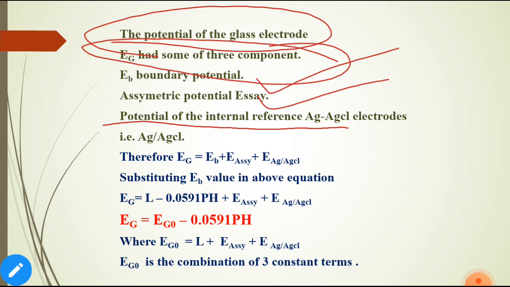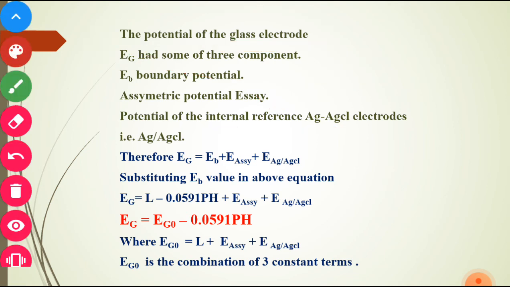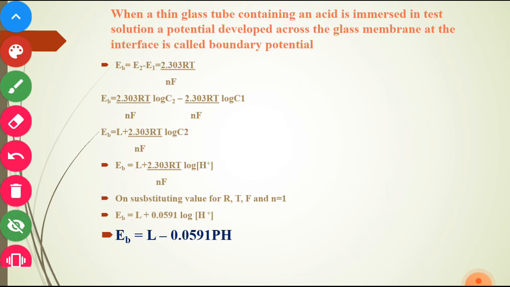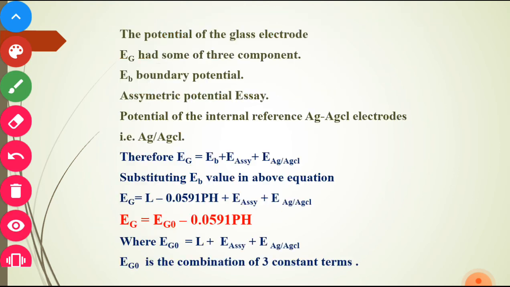We have derived the Eb value, which equals L minus 0.0591 pH. Substituting in this equation, we get Eg equals L minus 0.0591 pH plus E asymmetry plus E internal reference electrode.